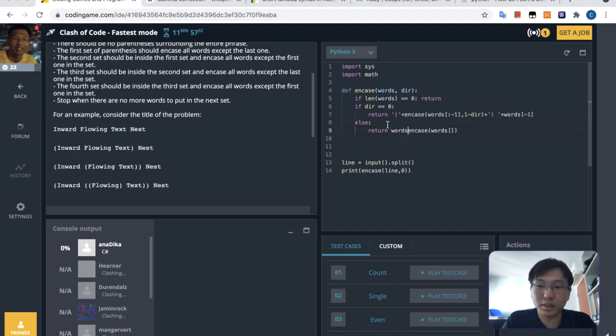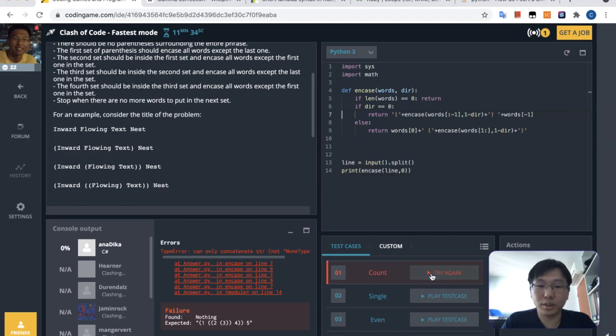So the words 0 will be here, plus a space, a bracket, plus the encase of the words from 1 onwards. Okay, 1 minus direction, because we will need to flip the direction, plus this. Yeah, I think that should do it.